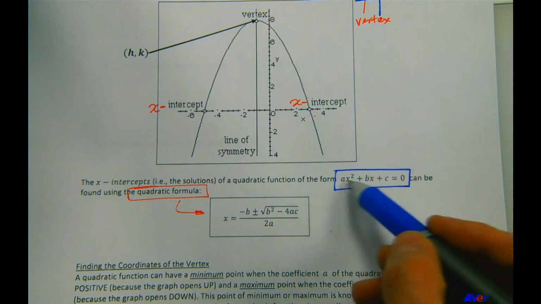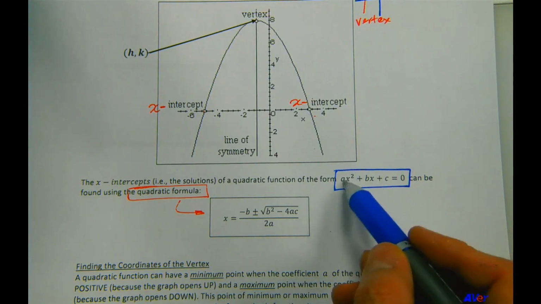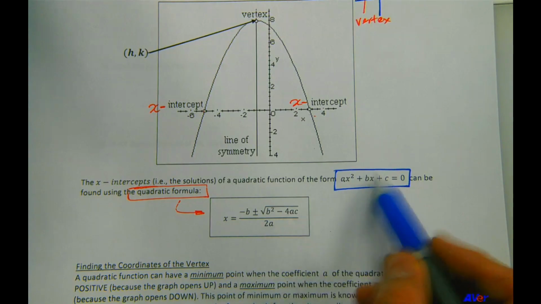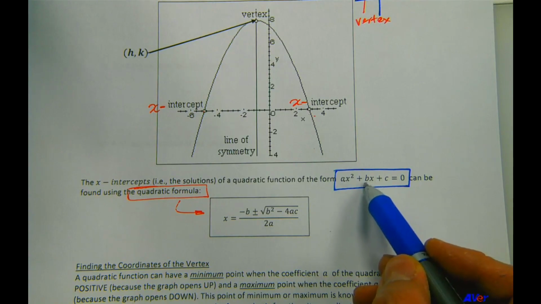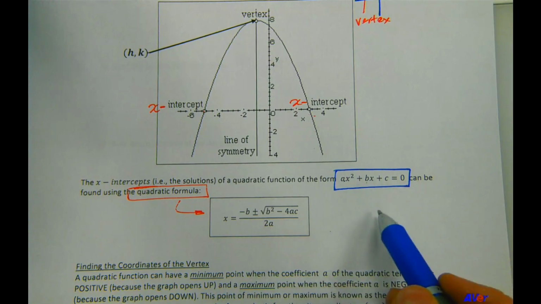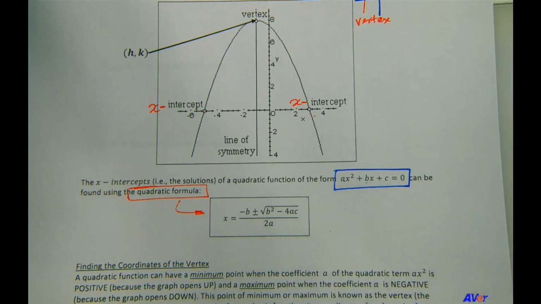The coefficient of the quadratic term x squared is a. B is the coefficient of the x term, not the x squared term, but the x term. And c is the constant value if there is one. If there's no constant value, it's simply 0.